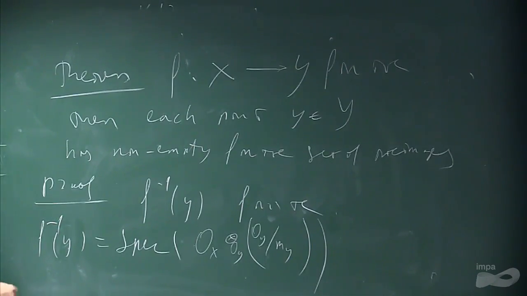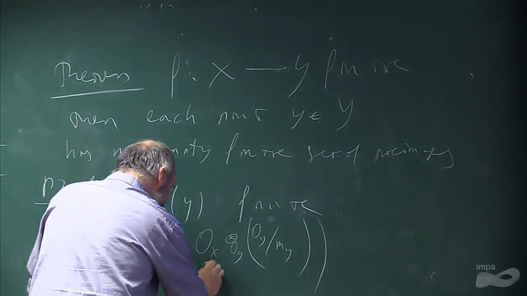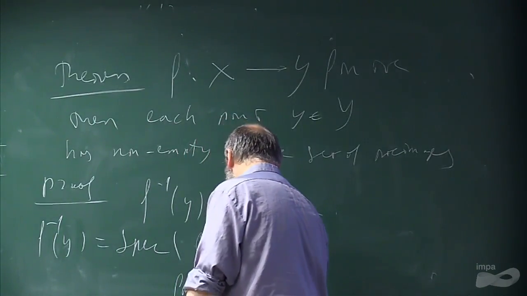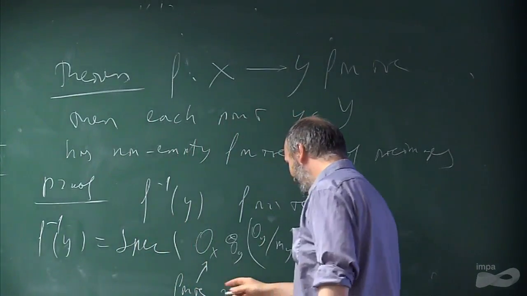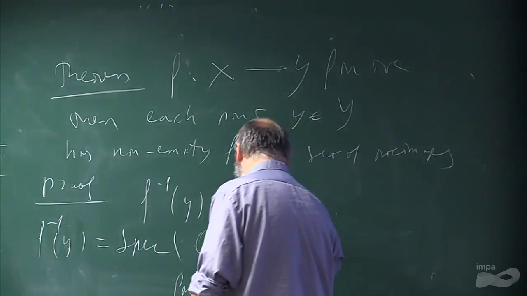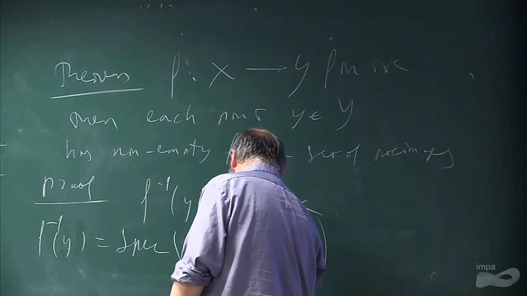So this ring is finite, no nilpotents. Well, you can check, but it's finitely generated.